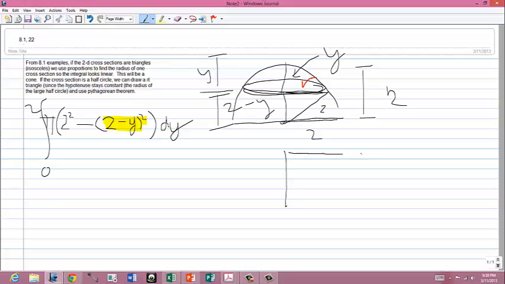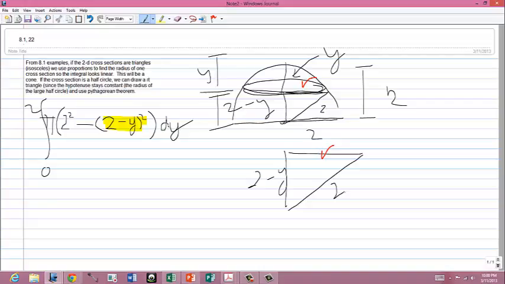If I look at this triangle, where this length right here is going to be the radius of my cross section, then I know in any triangle, this height from the bottom would be 2 minus y, and the hypotenuse would always be 2, the radius of the hemisphere.